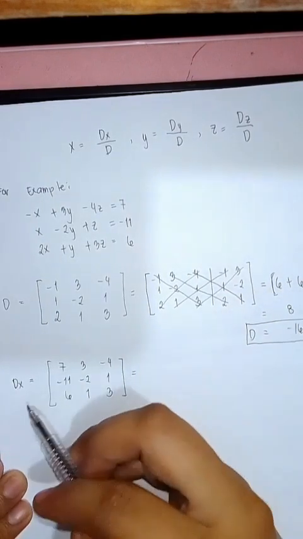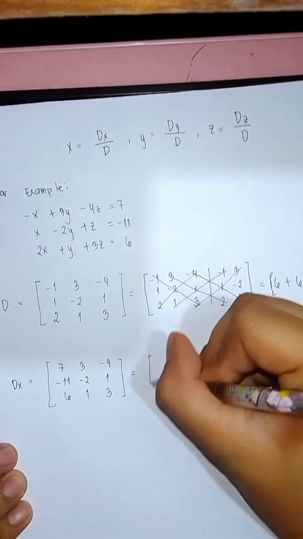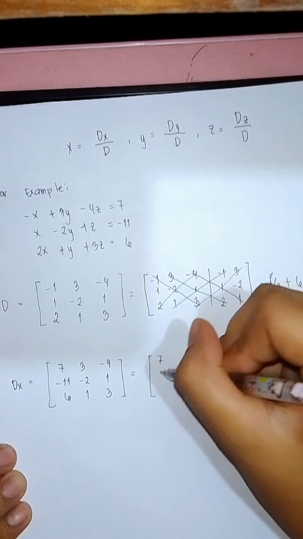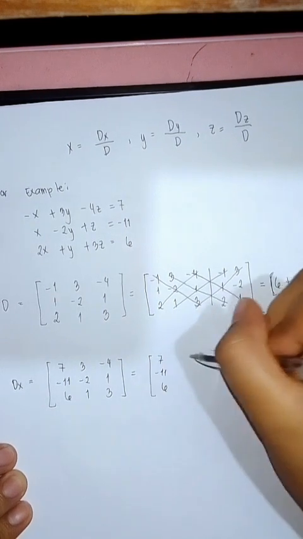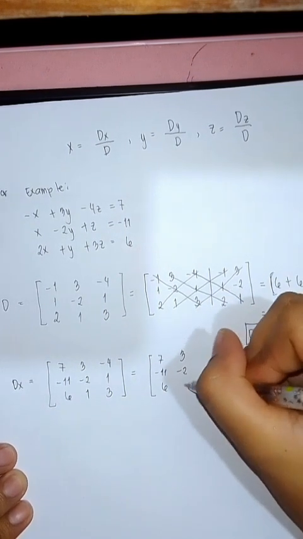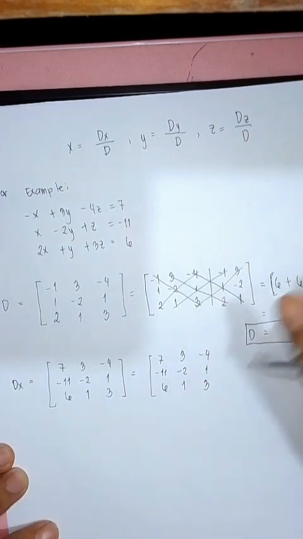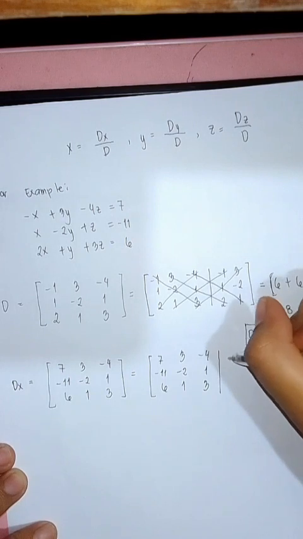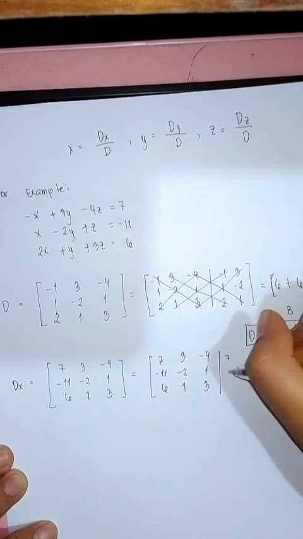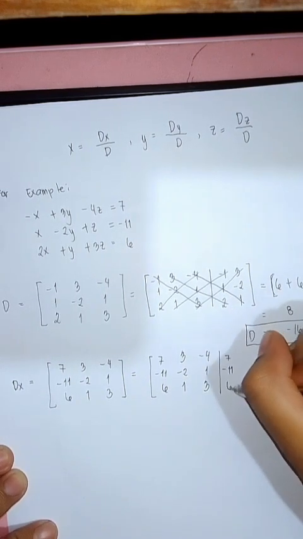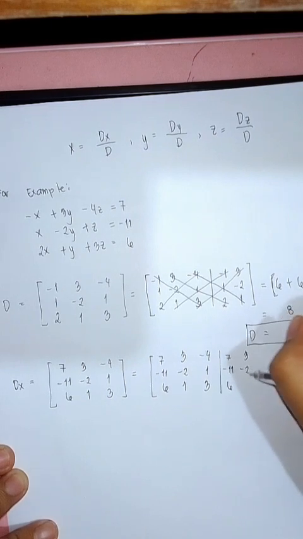The same method, we will use the basket method to get the D sub x. Copy the first two columns, 7, negative 11, 6, 3, negative 2, 1.